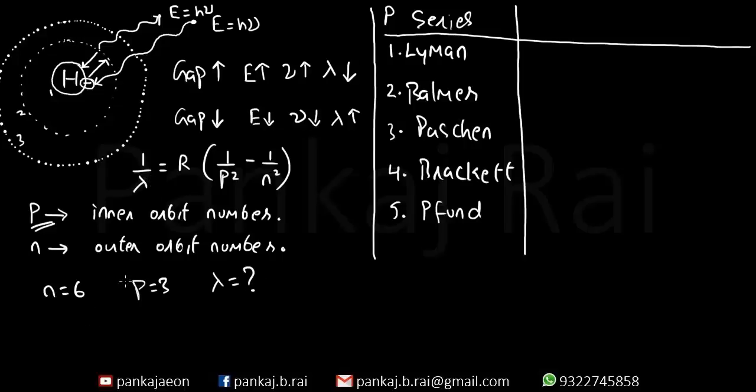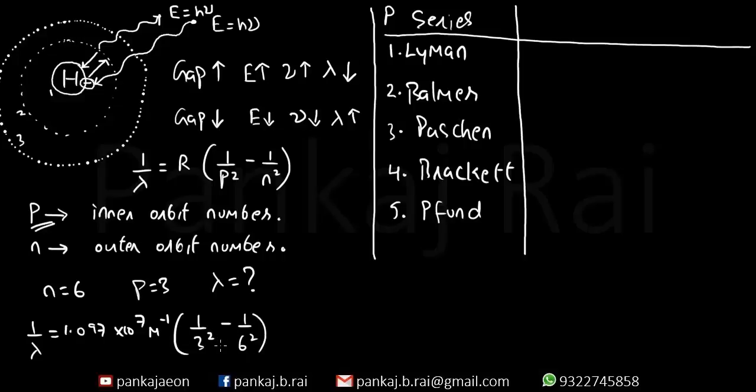We have to substitute the values in this equation, which is 1 by lambda is equal to R, which is Rydberg's constant, whose value is 1.097 into 10 raised to 7 meter inverse, and then we have to substitute 1 by p square, which is 1 by 3 square, minus 1 by the higher orbit, which is 1 by 6 square.